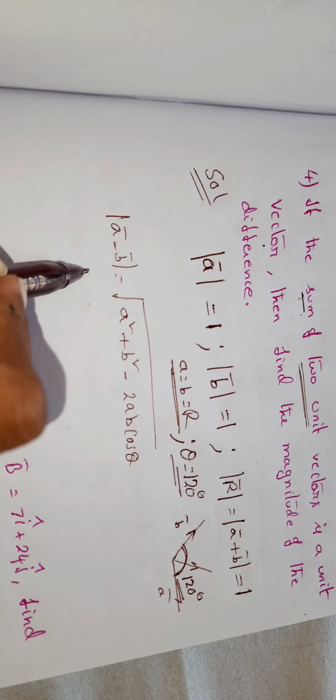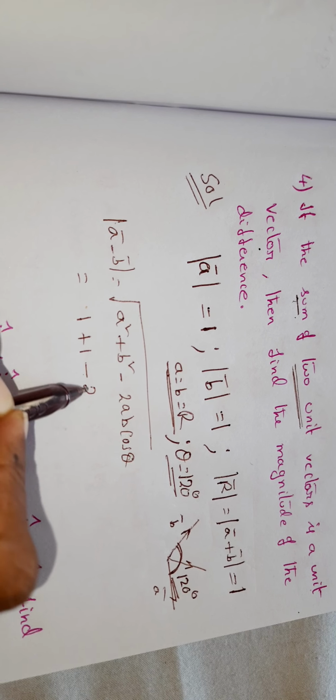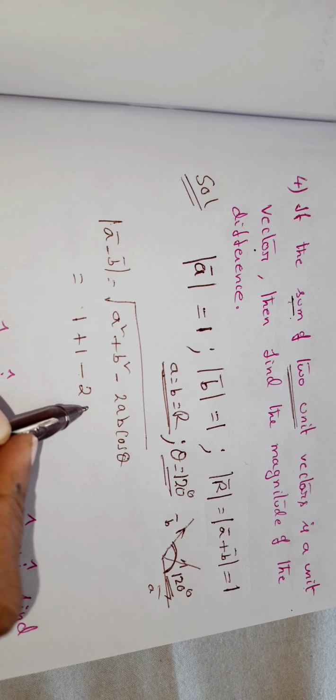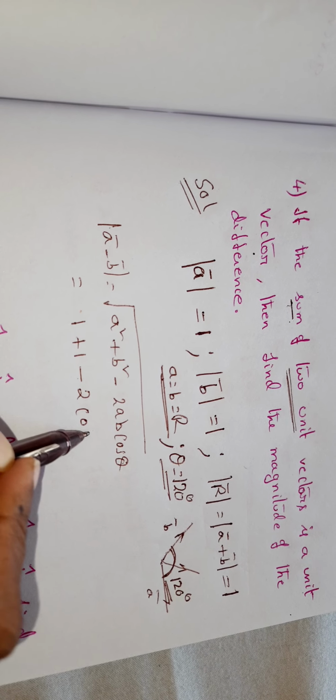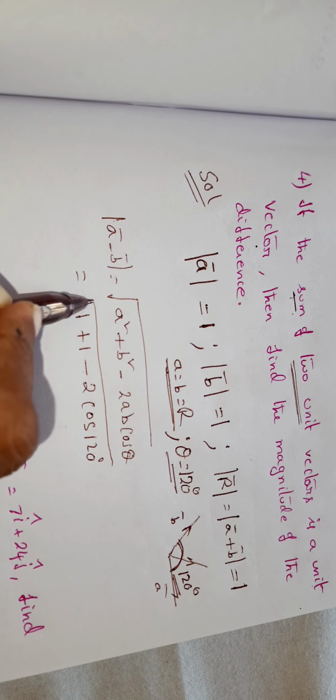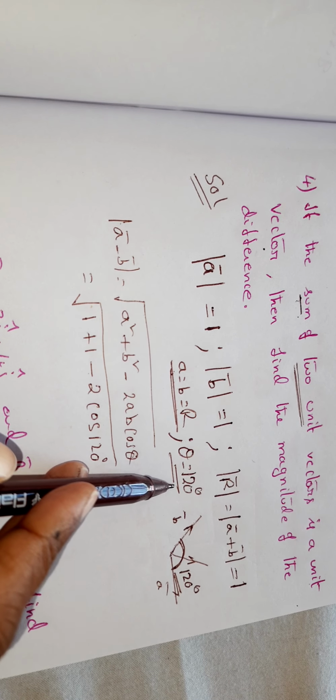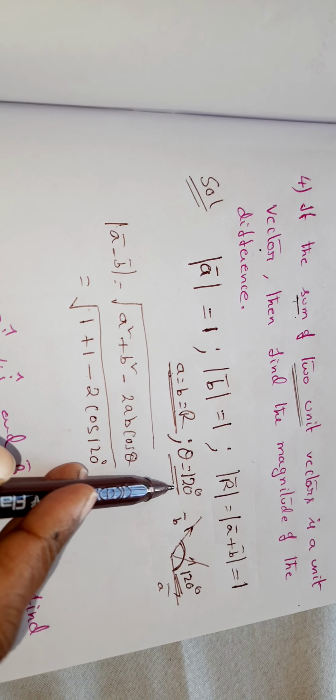So now substituting, 1 square plus 1 square minus 2 into 1 into 1 cos 120. Cos 120, why? Because a is equal to b is equal to r is possible only when theta is equal to 120 degrees.